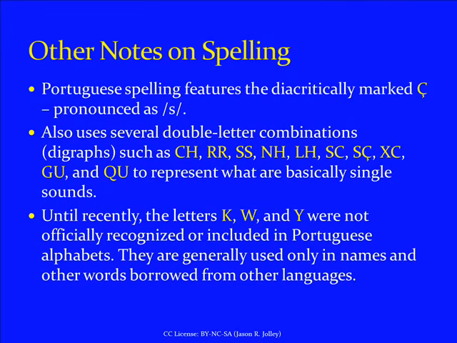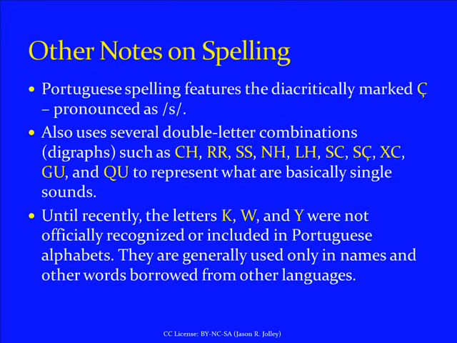Secondly, Brazilian Portuguese spellings also use several two-letter or double-letter combinations, such as CH, RR, SS. You can see them on the slide here. There are quite a few of them. These two-letter combinations, you will see that they basically are pronounced as a single sound when they appear. And again, we'll see examples of these later in the lesson.